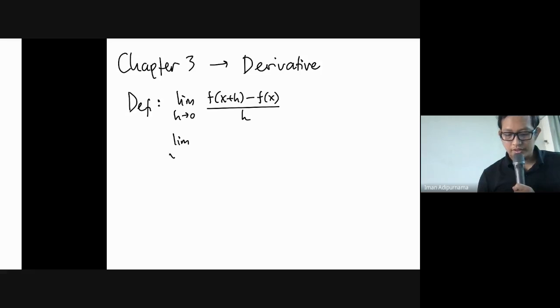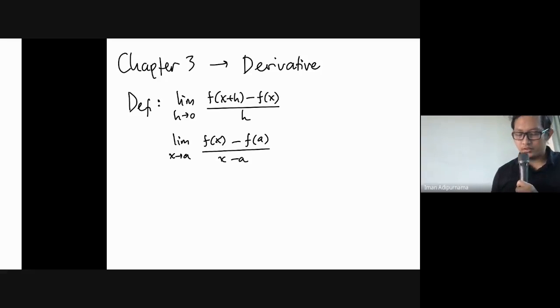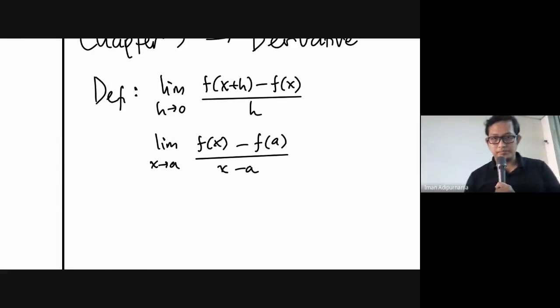So this is the first definition and the second definition. If you draw them with the graph, both are actually similar. So you can choose one or the other, both are the same.